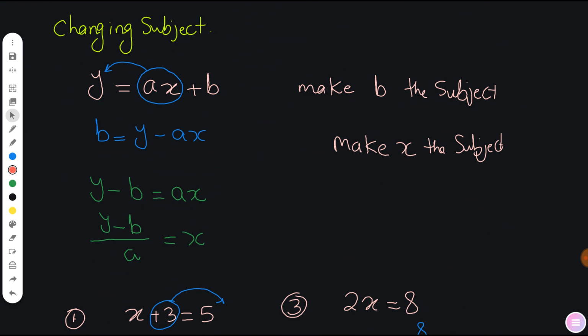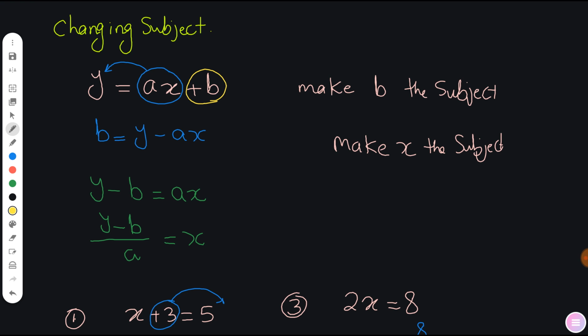So to make b the subject, you need to isolate b. To do so, you need to send ax to the other side by a negative sign. So b will equal y minus ax. This is how to make b the subject.